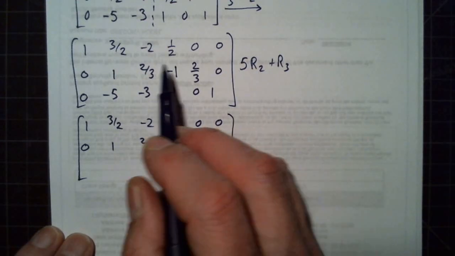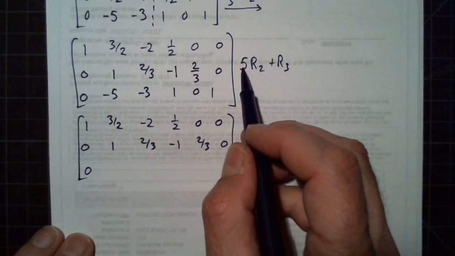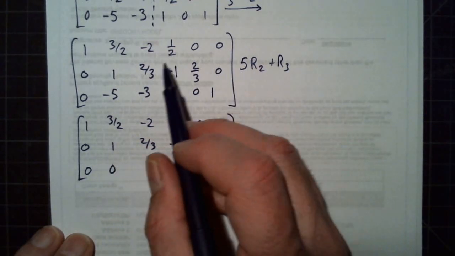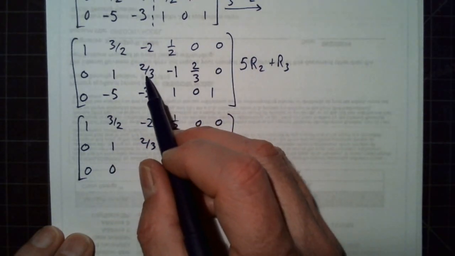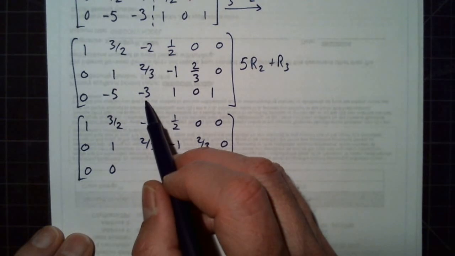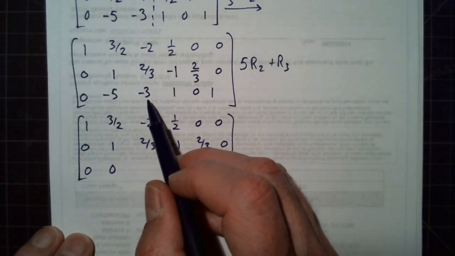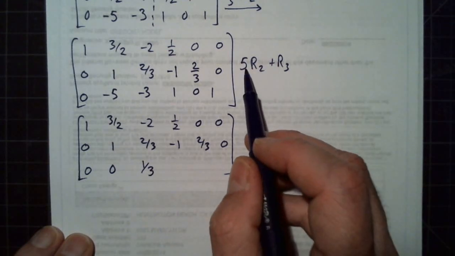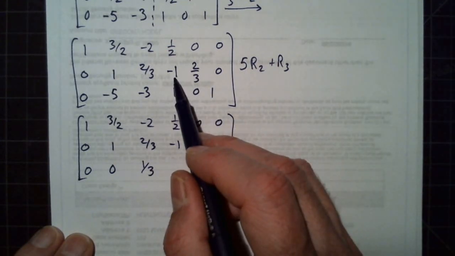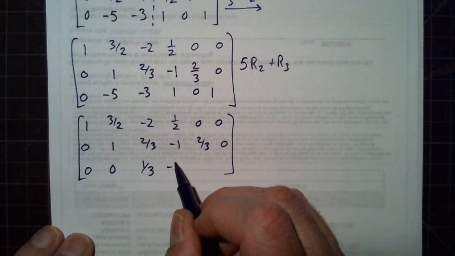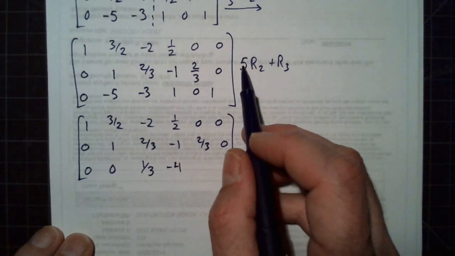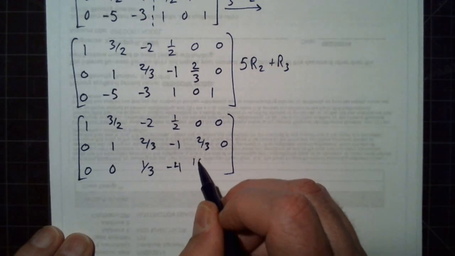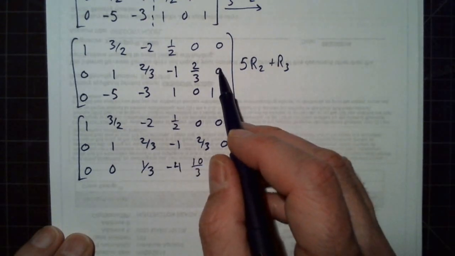We're going to go 5 times 0 plus 0, 5 times 1 plus negative 5, 5 times 2/3 plus negative 3, and we're going to get 1/3. 5 times negative 1, negative 5 plus 1, negative 4. 5 times 2/3, 10/3 plus 0. 5 times 0 plus 1.